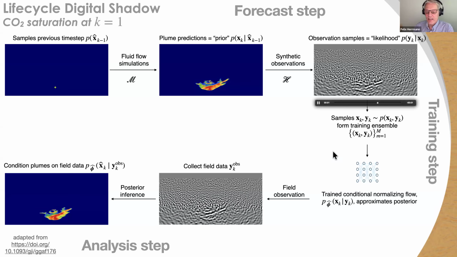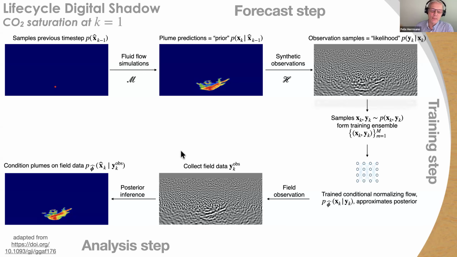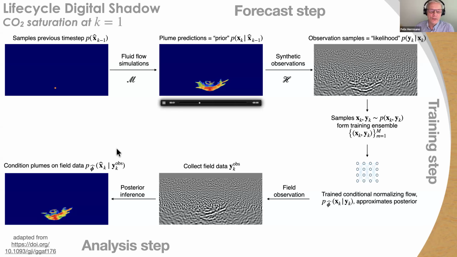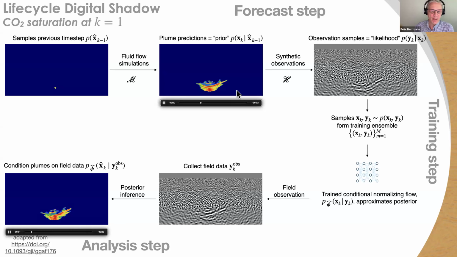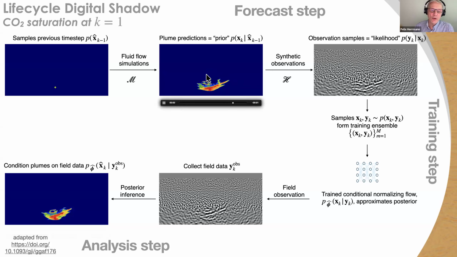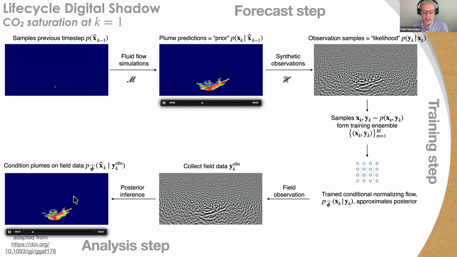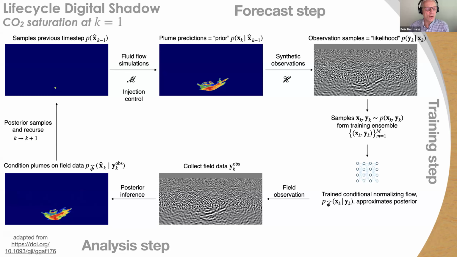Okay, so if field observations come in, so while this is simulated, it really needs to come from the field, then we can condition the forecast onto the analyzed state, right? The forecast is here, and then the analyzed state maps the forecast that used the dynamics alone, and then uses the observations to do a posterior inference. So that's a prior to posterior mapping, right? And then we recurse, and so we go into the next step.